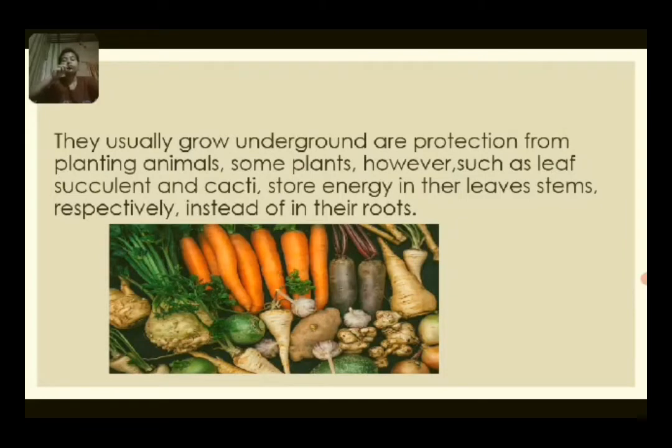They usually grow underground for protection from plant-eating animals. Some plants, however, such as leaf succulents and cacti, store energy in their leaves and stems respectively, instead of in their roots.